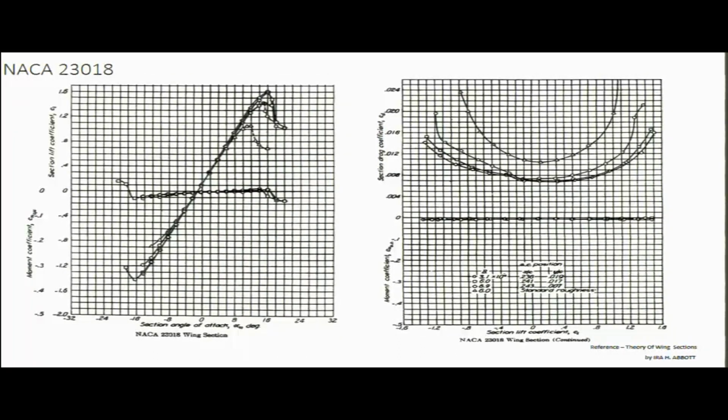And there is another 5 series aerofoil, 23018. You can see the pitching moment is almost constant. Cm variation with CL is constant here, and the corresponding value is almost 0, say 0.01.